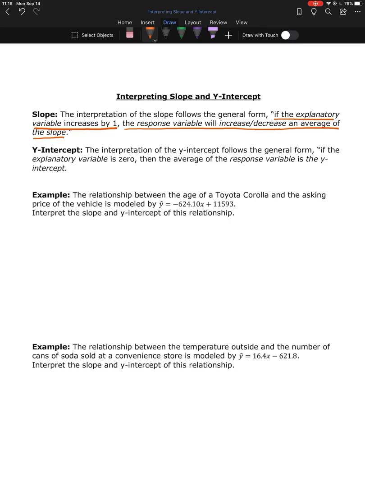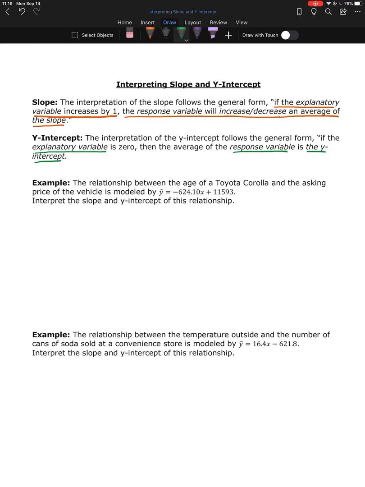So we want to make sure that we are very specific. And then for the y-intercept, it says if the explanatory variable is 0, then the average of the response variable is equal to the y-intercept value. Again, those italicized words that I just underlined are going to be different for each situation.